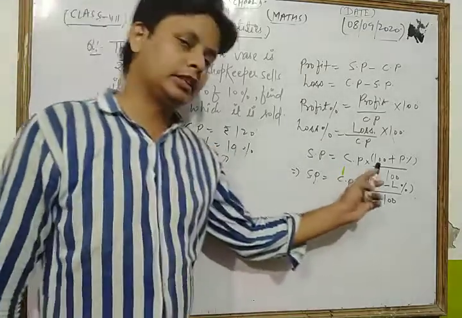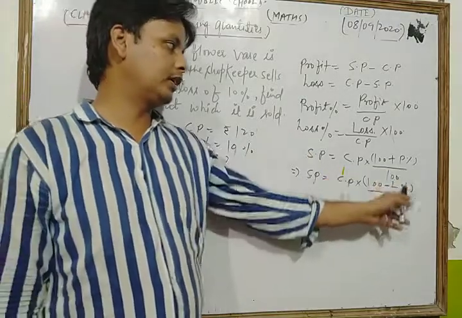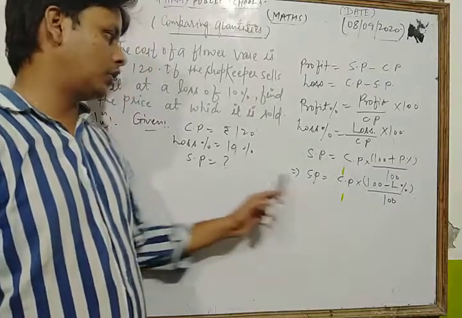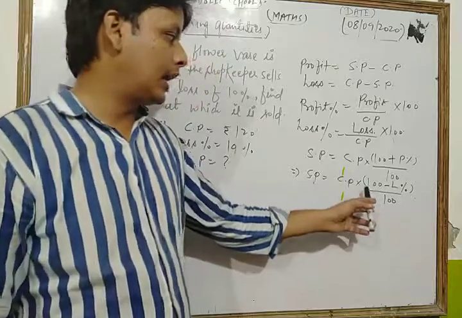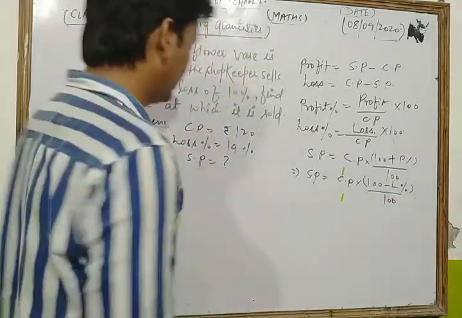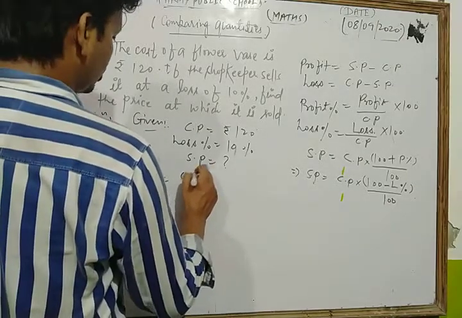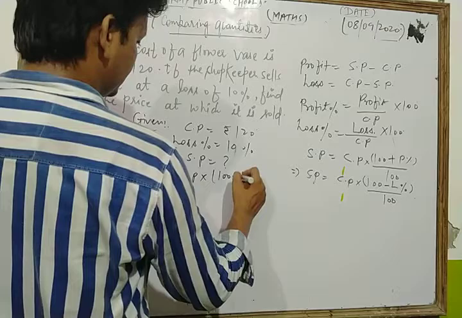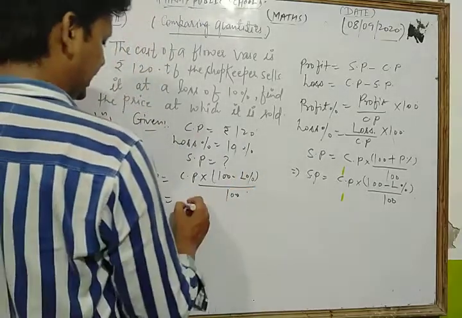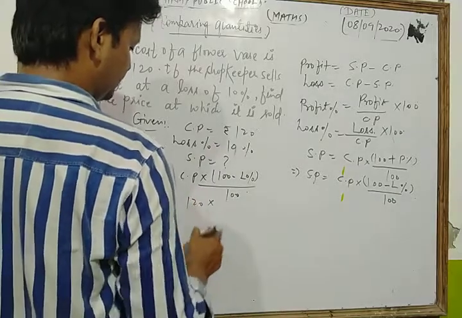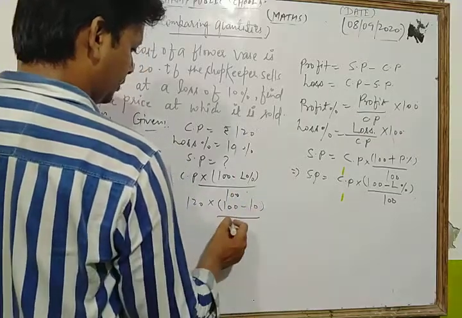Dear students, look at this formula. Both are the formulas for the selling price when the cost price and the profit or loss percent are given. In this case the loss percent is given, so we apply the formula: selling price is equal to cost price into (100 minus loss percent) by 100. We put the cost price as 120 into (100 minus 10) upon 100.